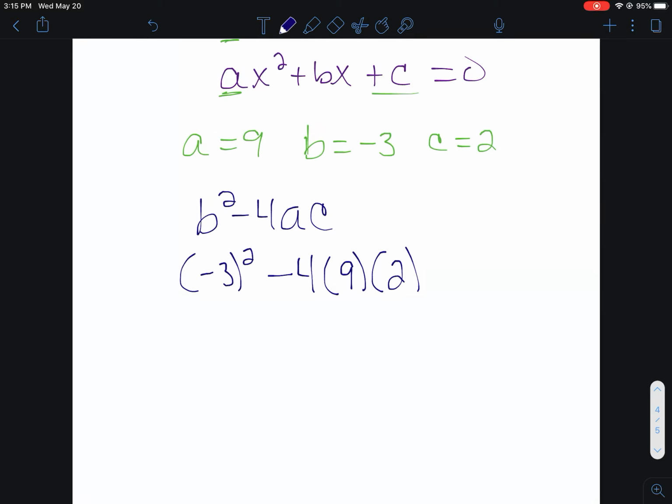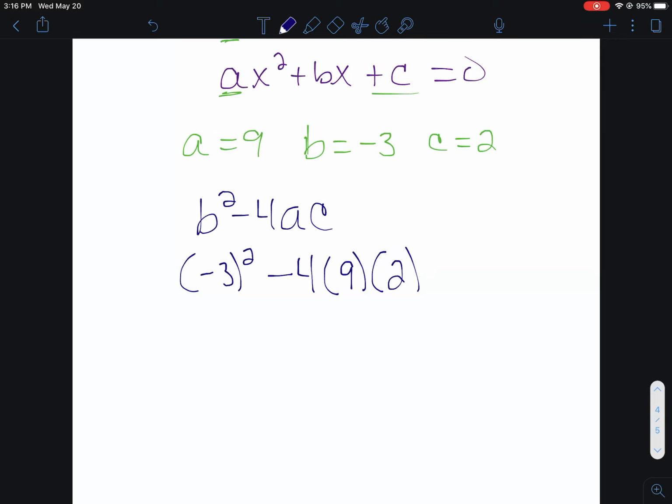Some of you have calculators where you could enter this entire line and your calculator will give you an answer. Others of you might have to do it more step by step. So play around with your calculator and get comfortable with which version you have. Or you can use your good old noggin. So start with PEMDAS.